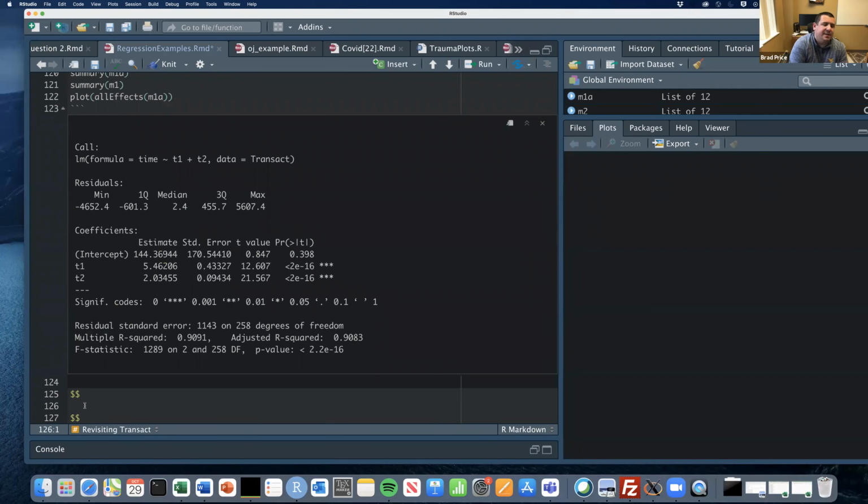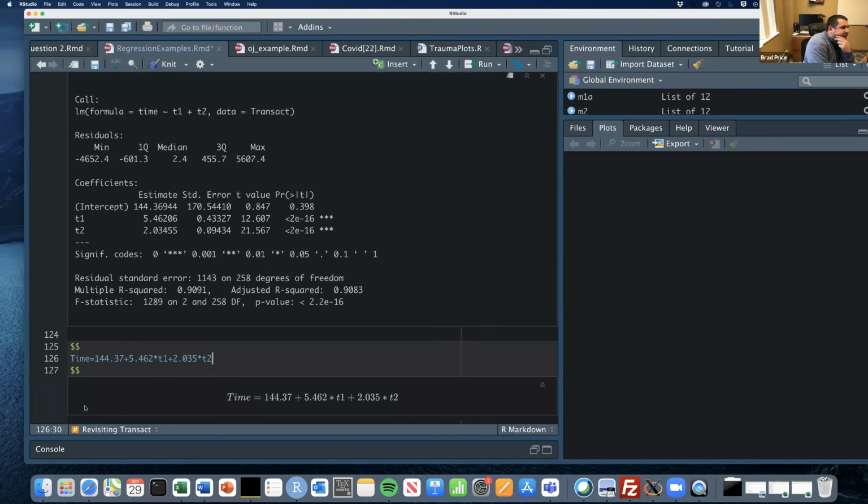Time is equal to 144.367 plus 5.462 times T1 plus 2.035 times T2. That's all we're saying there.